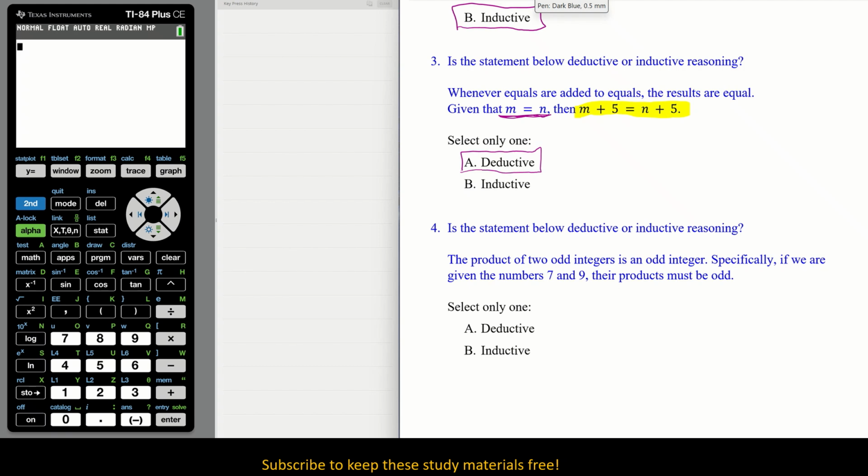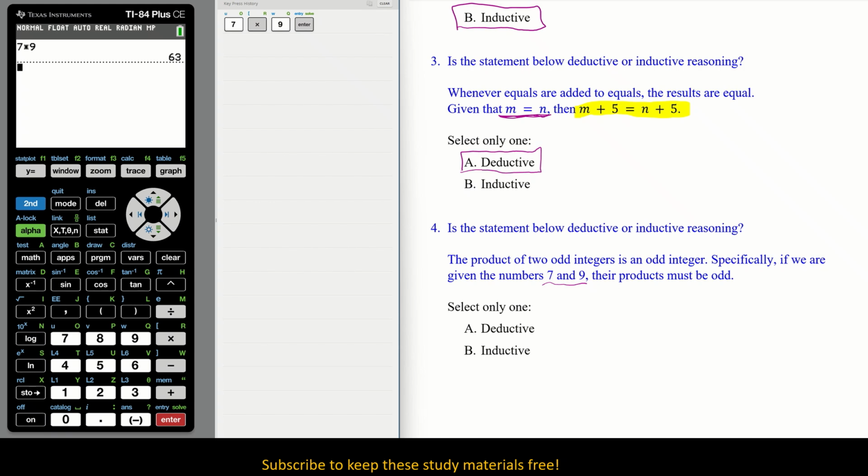Generally, if we are given the numbers 7 and 9, their products must be odd. And that's where, if they give you larger, more in-depth numbers, you could start crunching this to check, if it was some other general claim that was a little more in depth, which could happen, but you're supposed to know how to do these things.